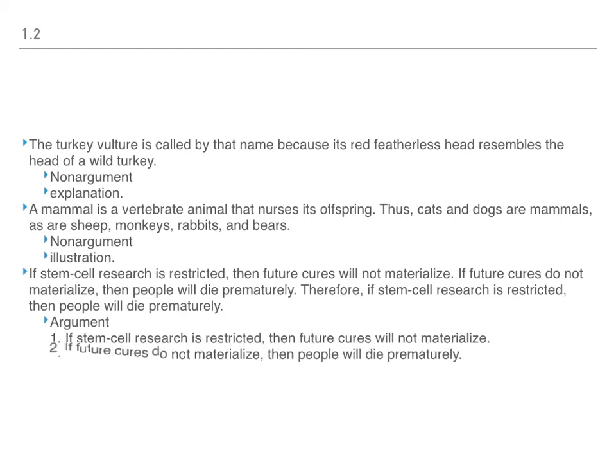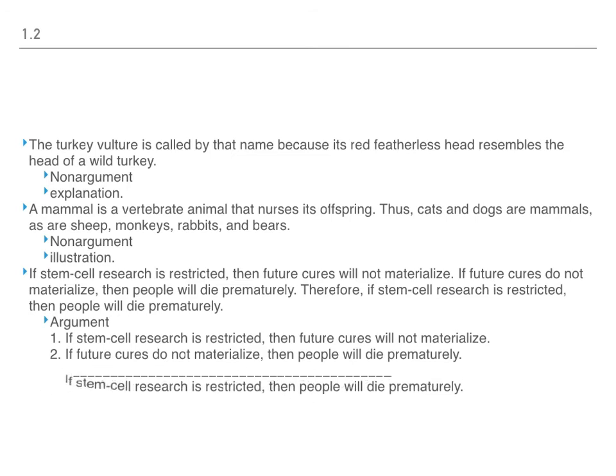The second premise, following the second sentence: if future cures do not materialize, then people will die prematurely. We have the solid line. Remember, this didn't really render correctly, but it's supposed to be a solid line there, indicating that what comes next is the conclusion, and that takes the place of our capital letter C that we used before to indicate it.